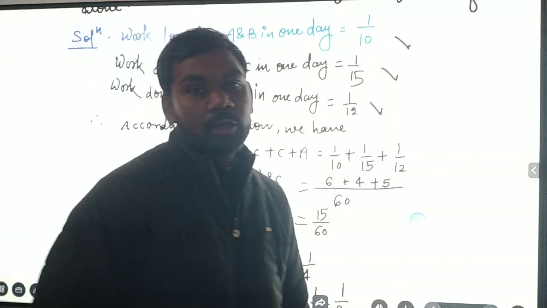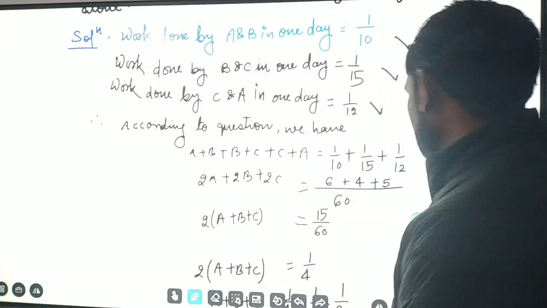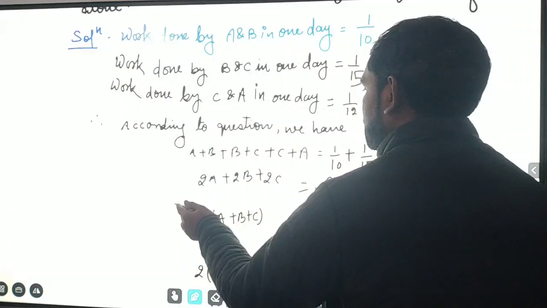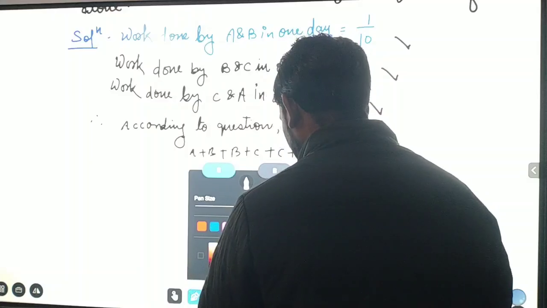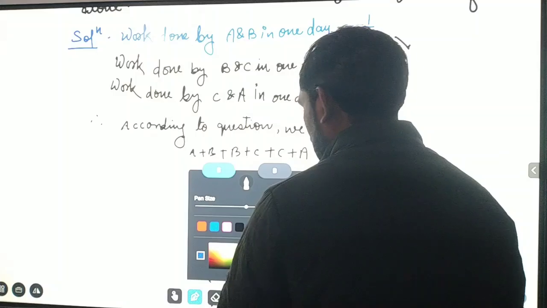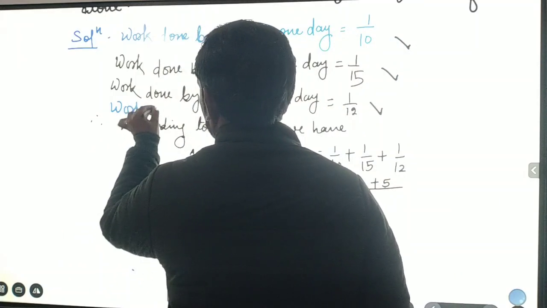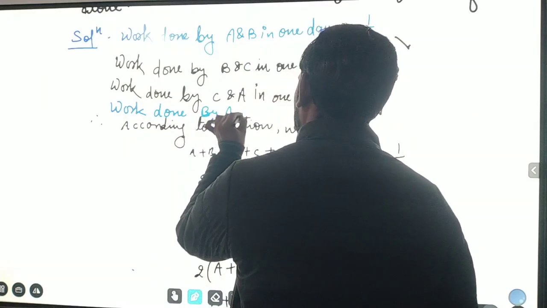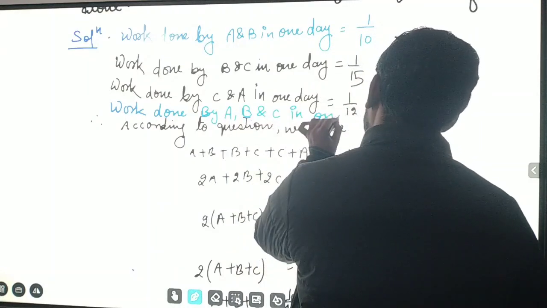Now let's find out work done by A, B and C in one day. In order to find out work done by A, B and C in one day, let's write here: work done by A, B and C in one day.